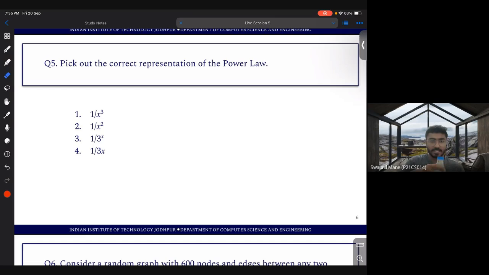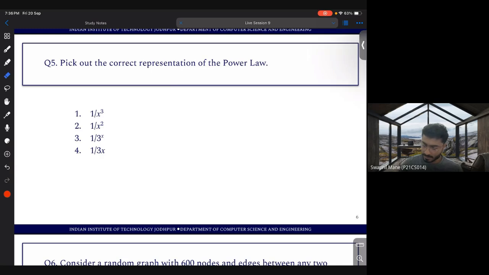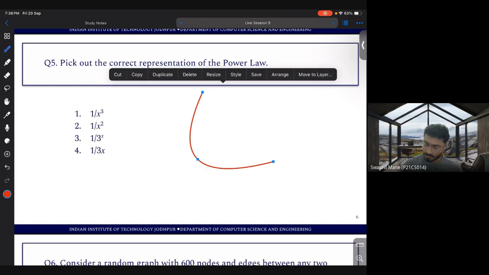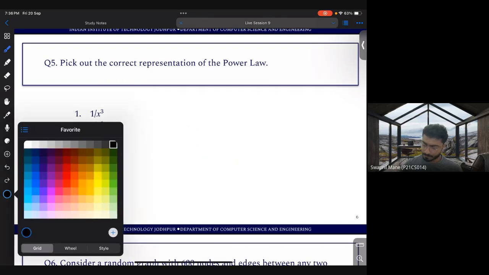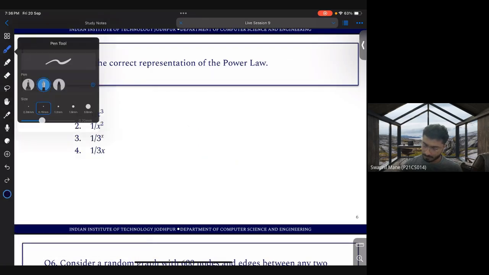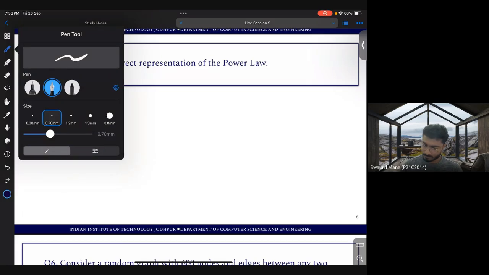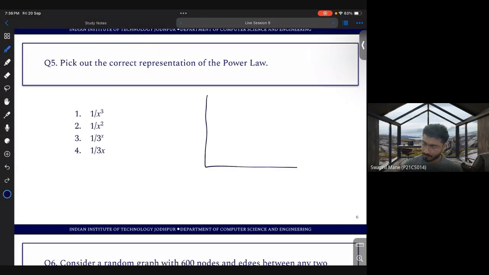Anyone want to say something? So here you can see, considering this plot, we are getting a plot in this way, right? This represents the power law distribution, and we have the x-axis and y-axis, right?